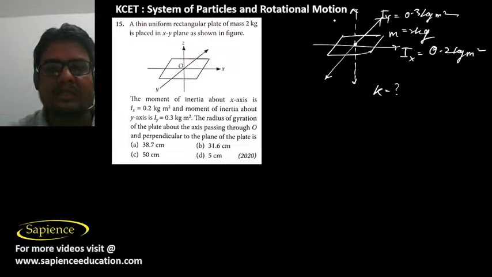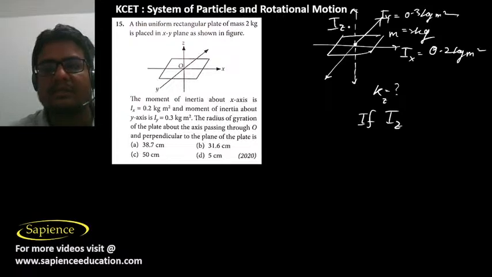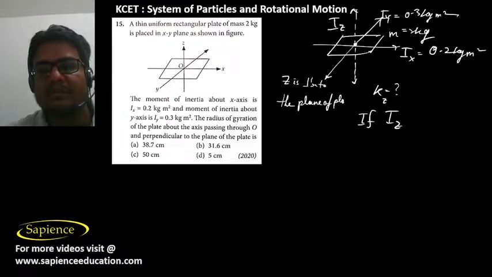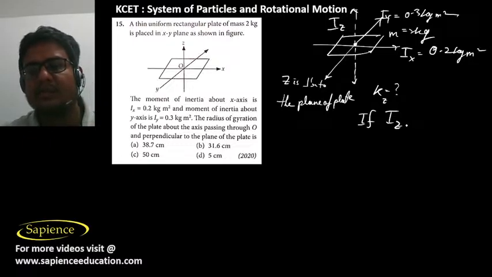So it means that the radius of gyration of the plate about z, K about z, we have to find. Iz means the moment of inertia about the z-axis. Since the z-axis is perpendicular to the plane of the plate, Iz, the moment of inertia about the z-axis for this rectangular plate, is equal to MK square.